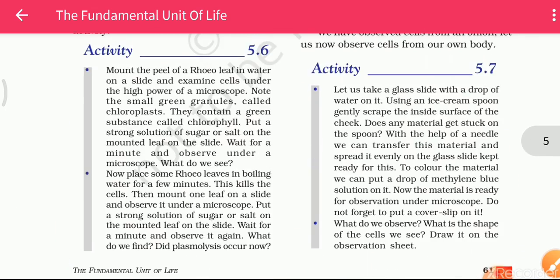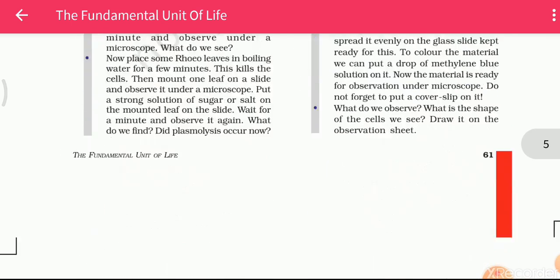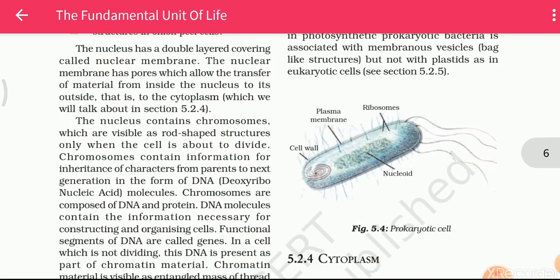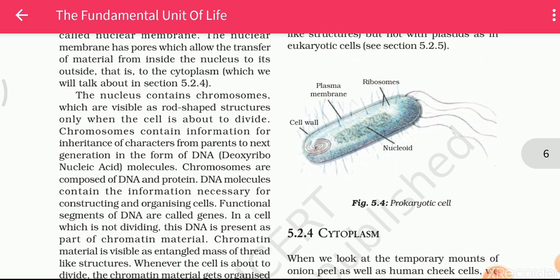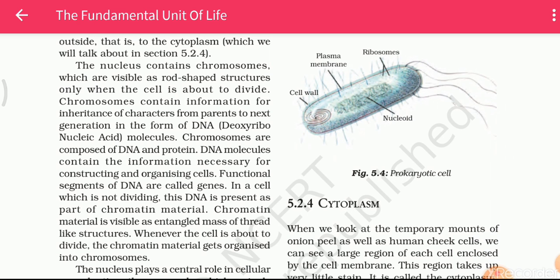In the first paragraph, they talk about stains: why we put the stains, what the nucleus is, and the function of the nucleus, which is very important. In the second paragraph, what chromosomes are, what the function of chromosomes is, the full form of DNA, and the function of DNA, which is very important.